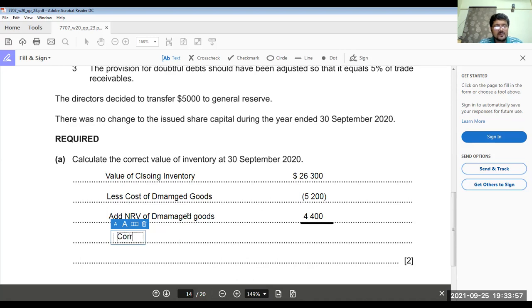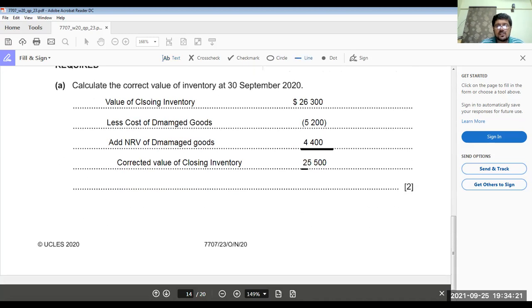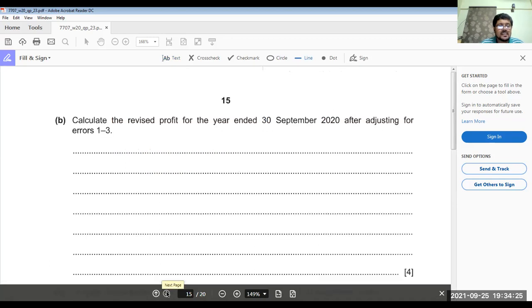Corrected value of closing inventory is how much? 25,500. Done. So, mashallah, I have secured 2 marks. Let's move to the next part.